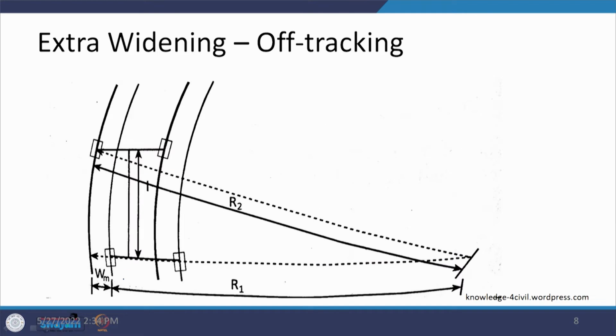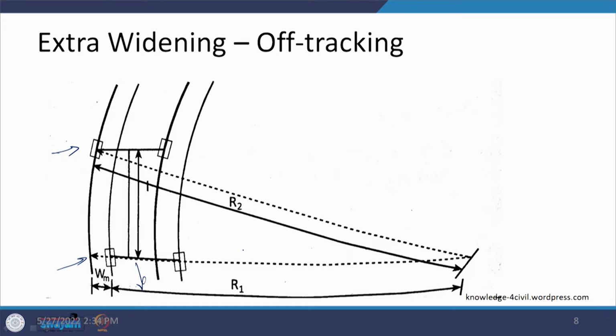Now, let us see what is happening in this particular case. You have one set of axles here and another set of axles on this side. If this is moving in this direction, then the steering wheels are going to follow the carriageway.